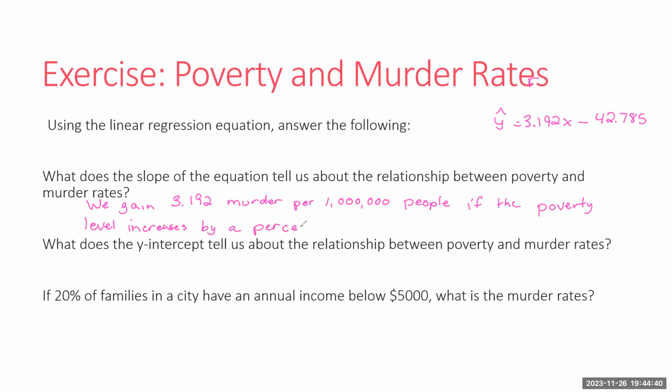Because we talked about our poverty levels in percents. So just kind of talking about what this data is telling me. Every time my poverty level increases by 1%, there's going to be roughly 3 more murders per 1,000 people.